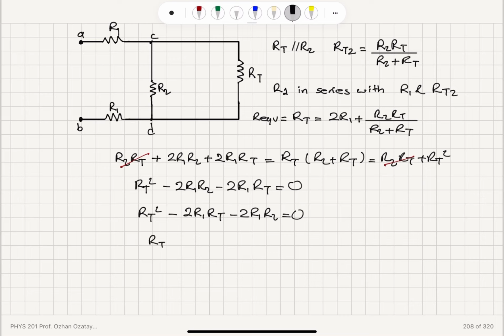The solutions are of the form 2R1 plus or minus the square root of b squared minus 4ac, which is 4R1 squared plus 8R1 R2, divided by 2.